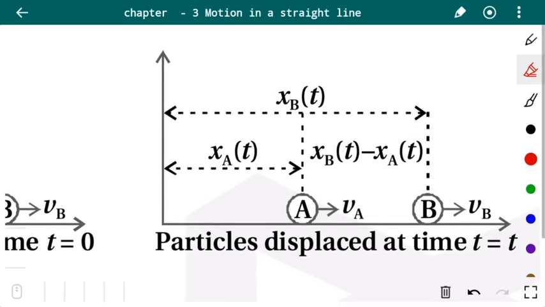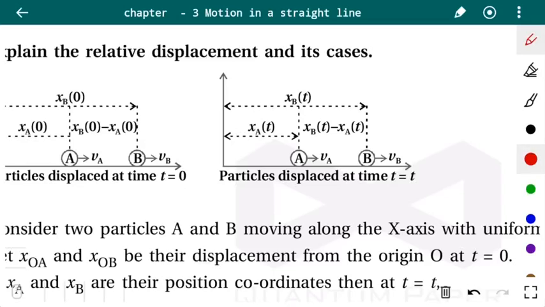Let us consider this as O dash, or simply O. From this point, particle A is at x equals xat, and the position of particle B is xbt.